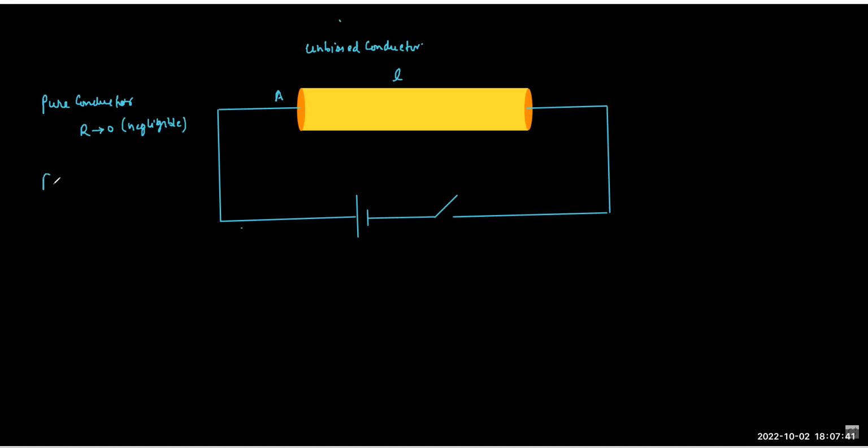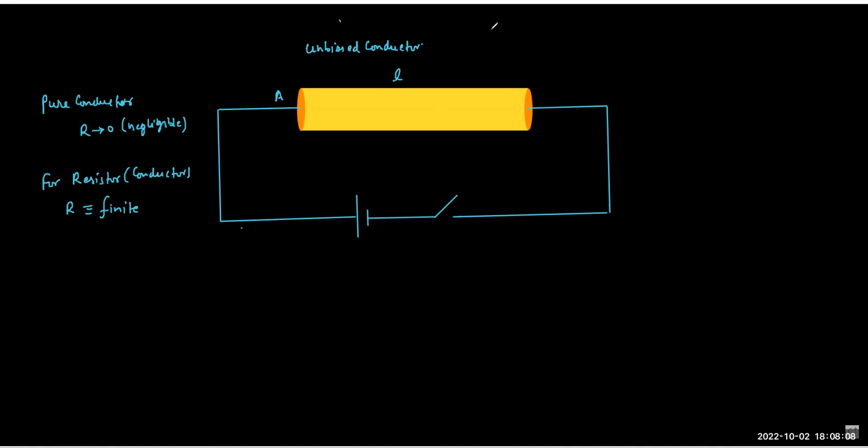For a resistor, which is also a conductor, R is finite. So it is not zero, and for a superconductor, we know it is exactly zero. So this differentiation should be kept in mind.